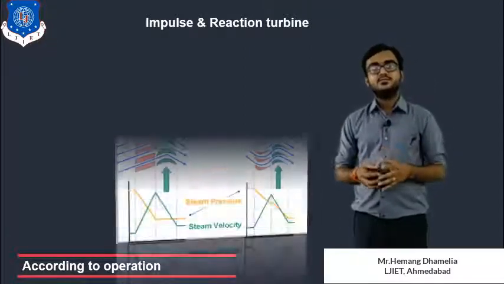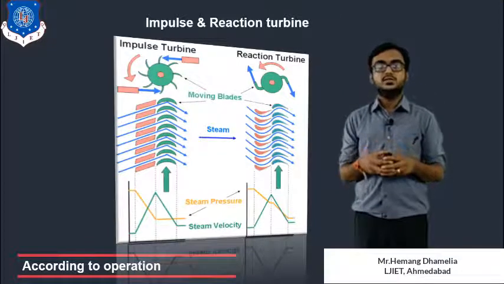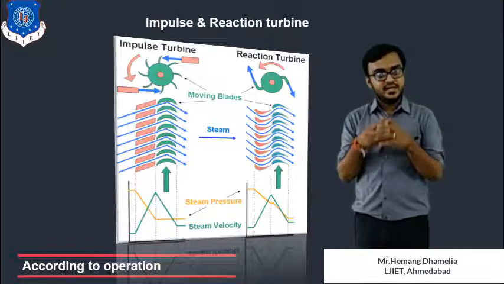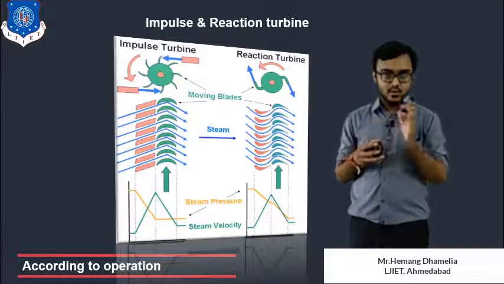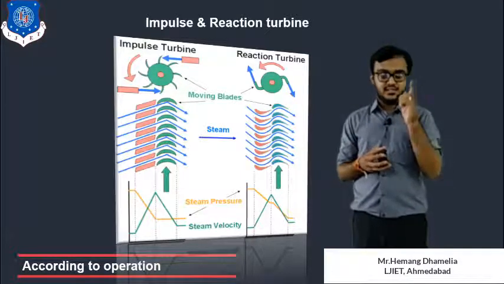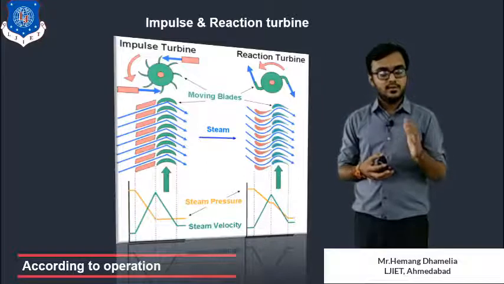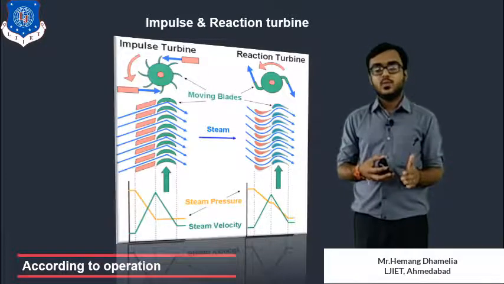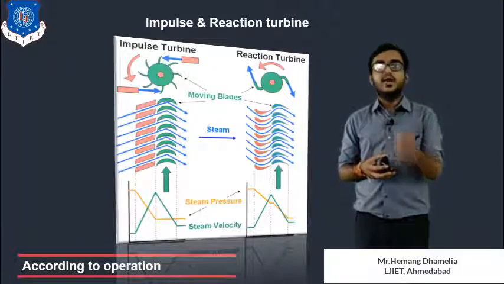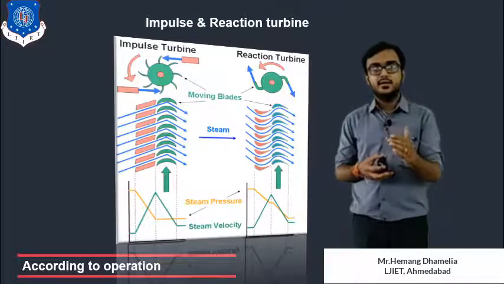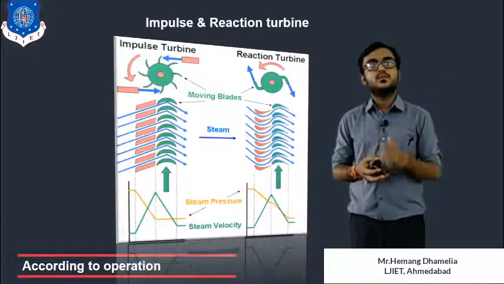Impulse turbine is the type of turbine in which energy available at the inlet of the moving blade is pure kinetic energy, while in the case of reaction turbine, the energy available at the inlet of the moving blade is kinetic as well as pressure energy.